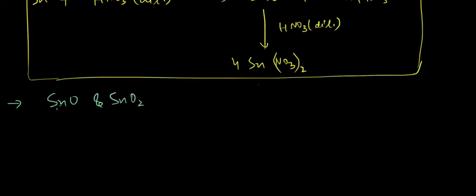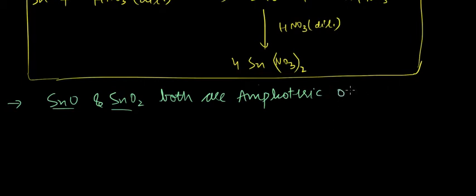SnO and SnO2 both are amphoteric oxides.